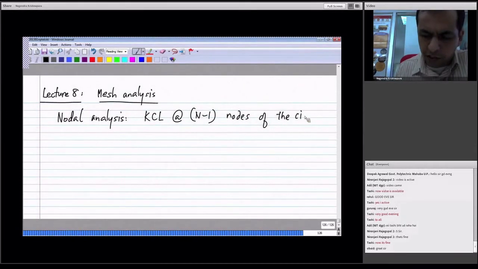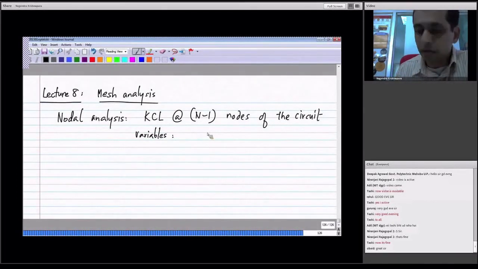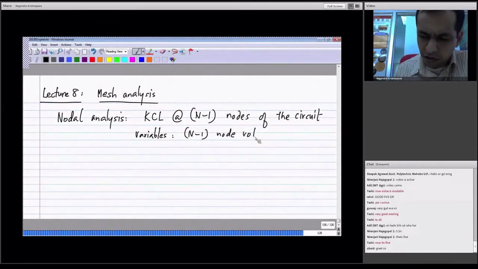The circuit has n nodes and you have to write KCL at n-1 nodes, and the variables are the n-1 node voltages and any auxiliary variables.